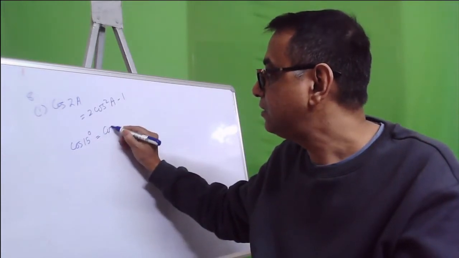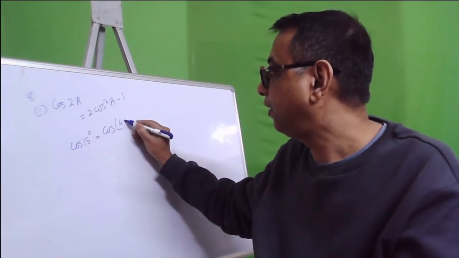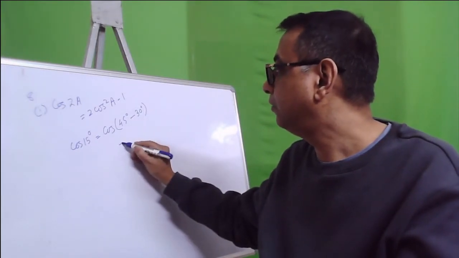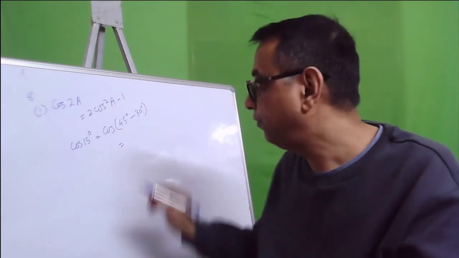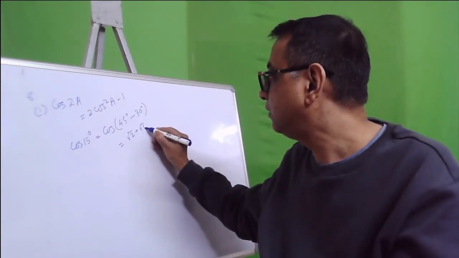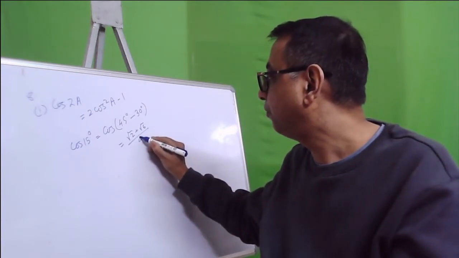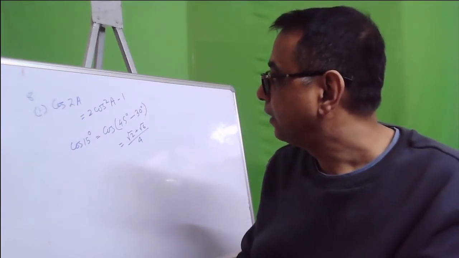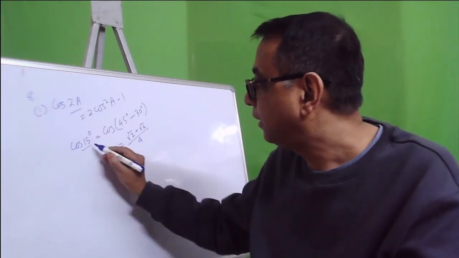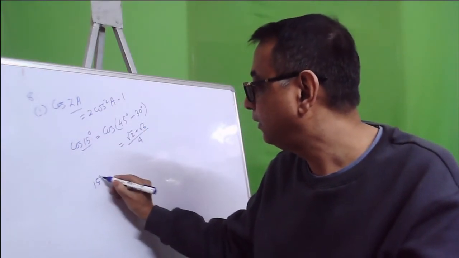Using this identity, cos of 45 degree minus 30 degree. And if I remember correctly, we found out it is root 2 plus root 6 divided by 4, right? Now, we can use this here. Let's say 15 degrees is 2A.